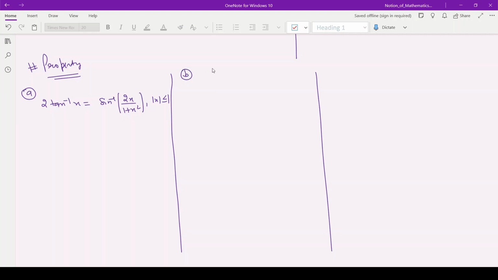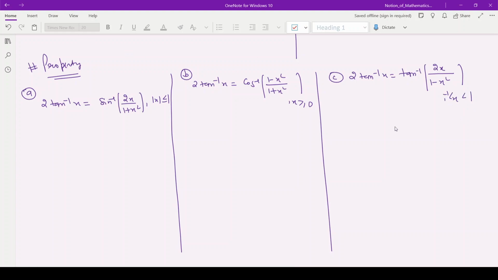B part is 2 tan inverse x is cos inverse of (1 minus x square) upon (1 plus x square), where x is greater than or equal to 0. C part, 2 tan inverse x is tan inverse of 2x upon (1 minus x square), where x is between minus 1 and 1.